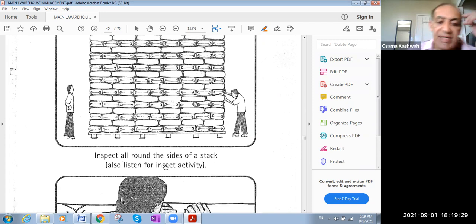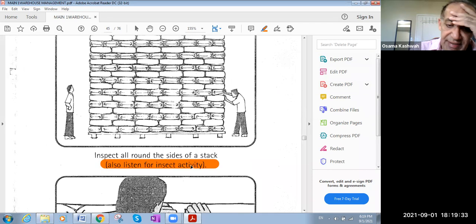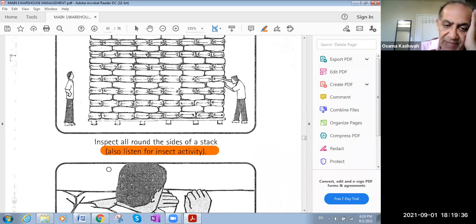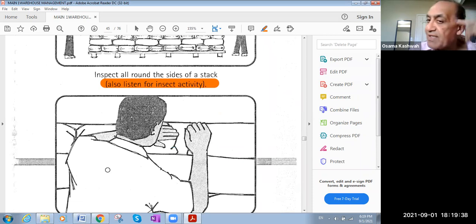Inspect all around the sides of the stack. Also listen for insect activity. Check whether there is a sound of insects, roaches, or any kind of insects, because then there will be a problem here.